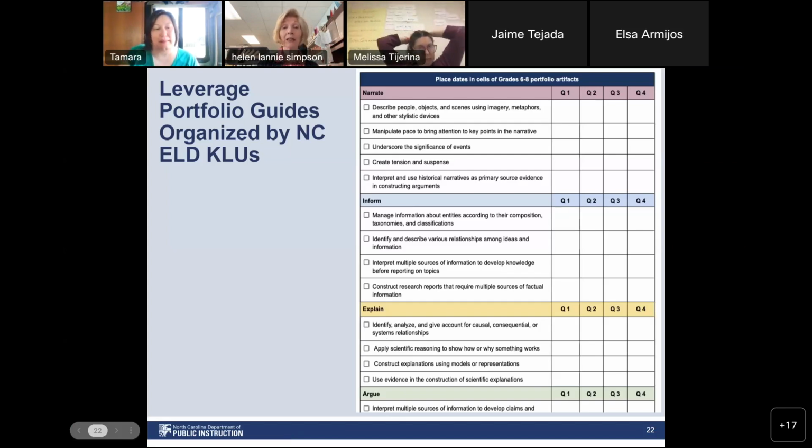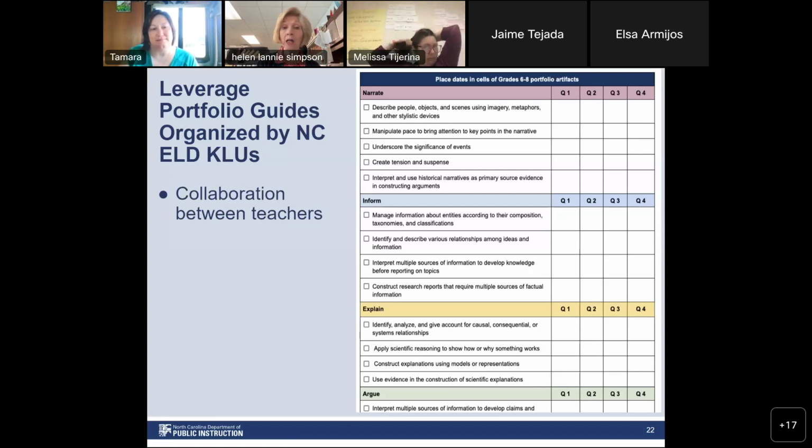So we simply added these columns to the right. Q1 represents quarter one all the way through quarter four. You could put dates in those boxes when your students completed a task that related to that particular description.